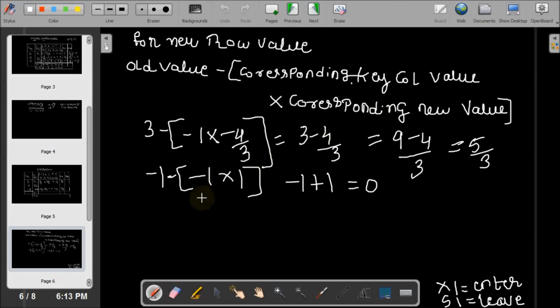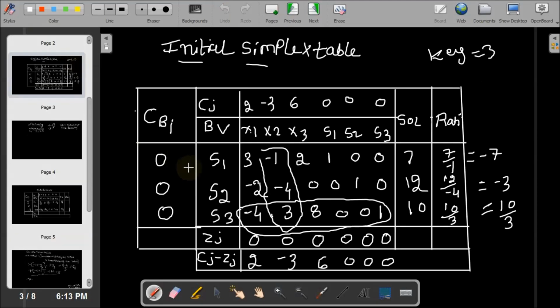This is for S2 I am calculating. Sorry for the handwriting. So into old value is -2 minus corresponding key column value. What is the corresponding key column value for S2? See, -4. So this value -4 will be used for all the other values.